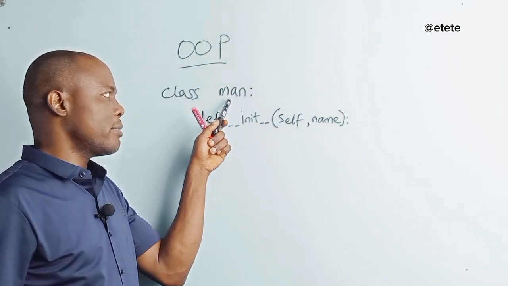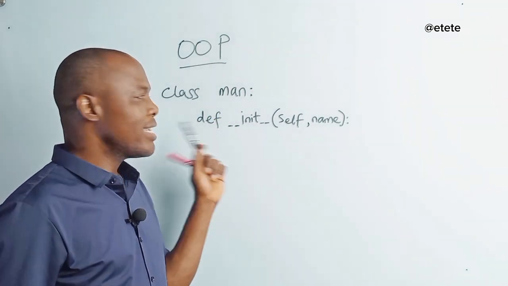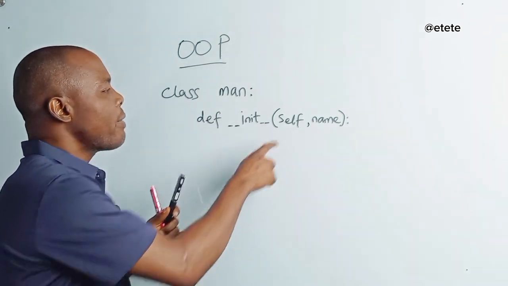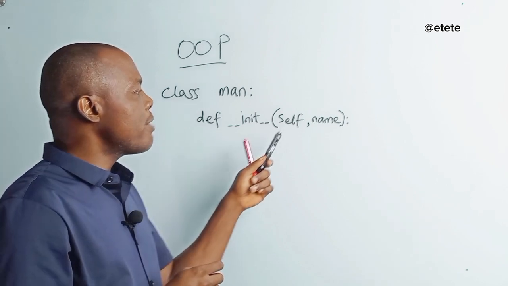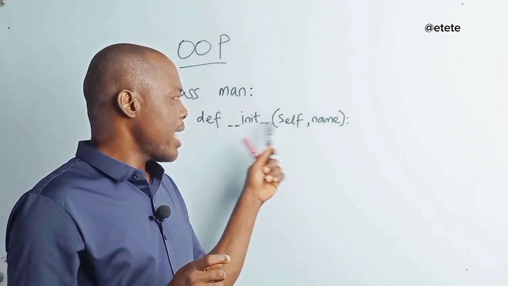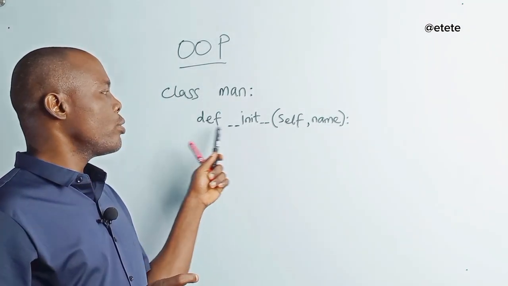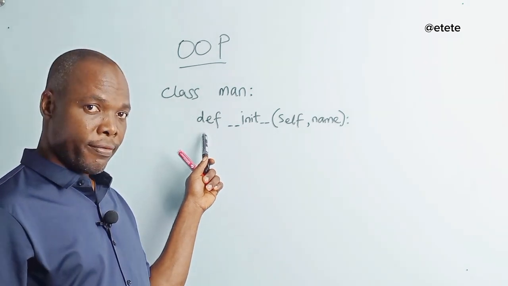Now, this is class man. The name of the class is man, right? Now, I'm going to initialize this class, the object of the class. Now, why do I have this self here? This self is the first attribute that this method has. This is a method. I told you that a method is like a function, so that's why I'm using the keyword def.